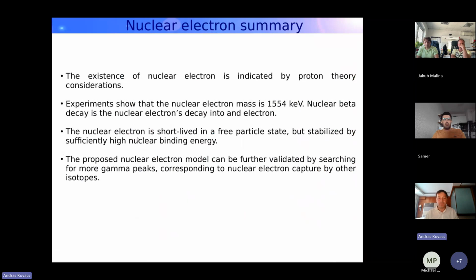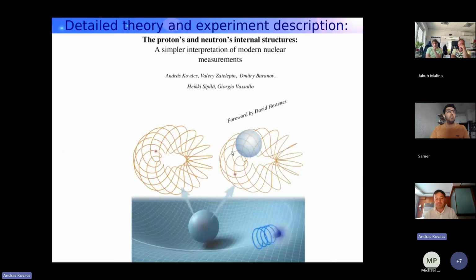Our summary is that the existence of the nuclear electron is indicated both by proton theory and by experiments. We can precisely measure its mass, and the nuclear electron is a short-lived particle in free particle state. That's why we don't see it flying around, but it is stabilized by sufficiently high nuclear binding energy, and that's why we have the heavy nuclei.